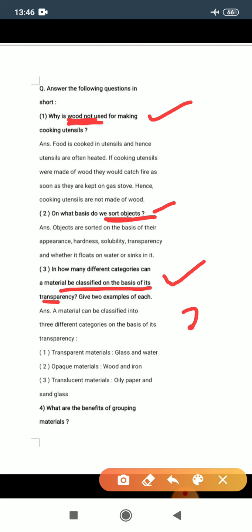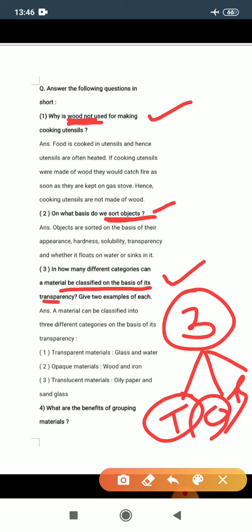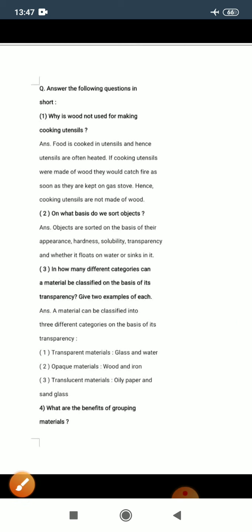So there were three types: transparent material, opaque material, and translucent material. Example of transparent material: glass, water. Opaque material, you can write mirror, iron, wood, metal, anything. In translucent, you can write oily paper, frosted glass.